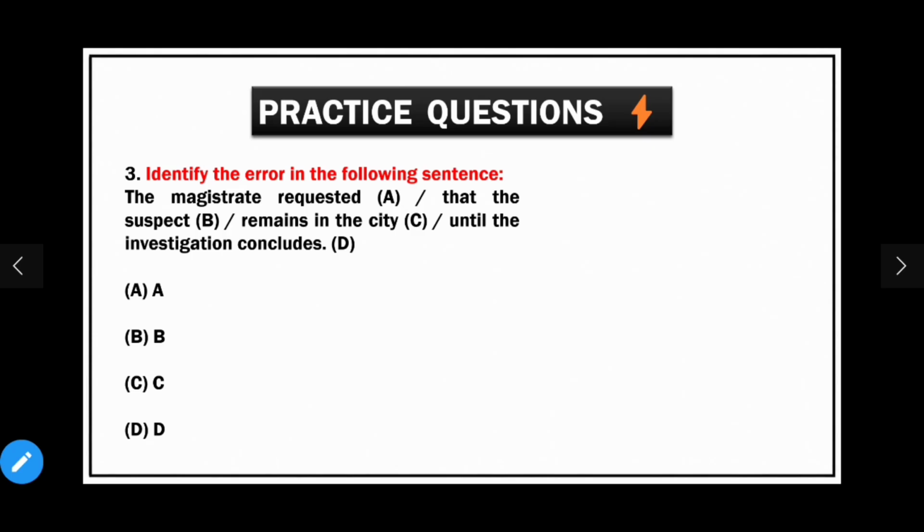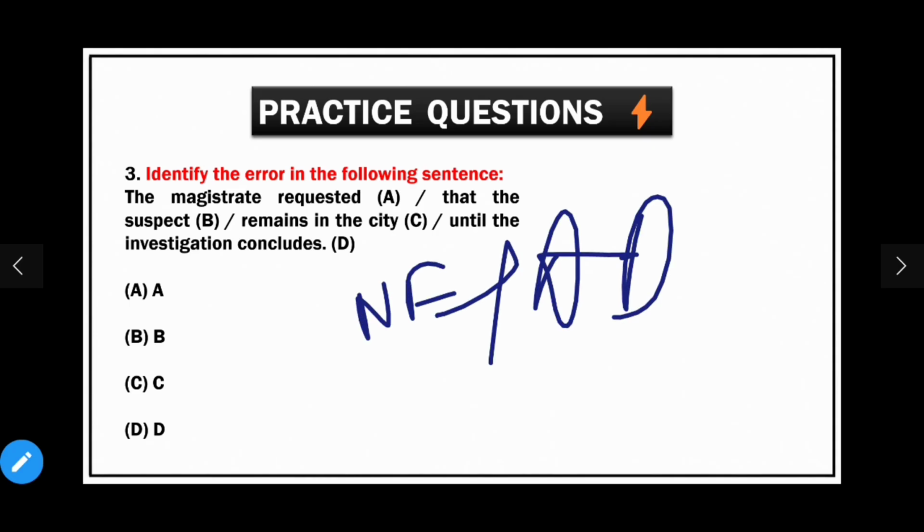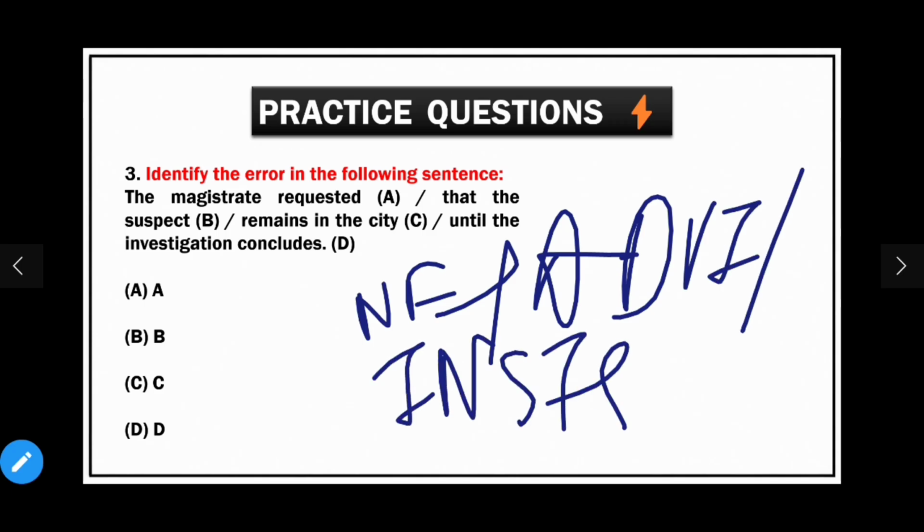So let's check out. We all know that when we use subjunctive mood in a sentence, we use words like advise, request, necessary, insist, and so on. Really, there are so many words to define this.